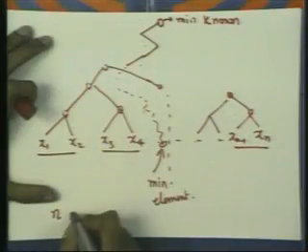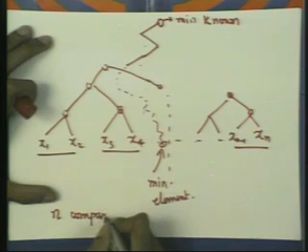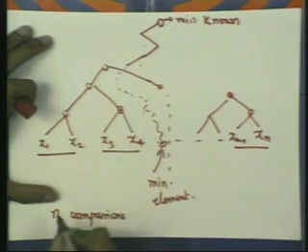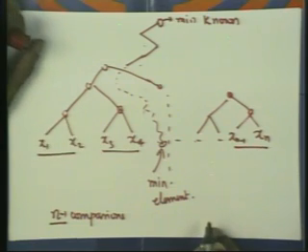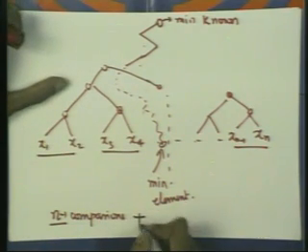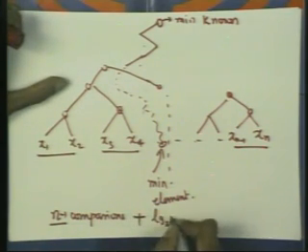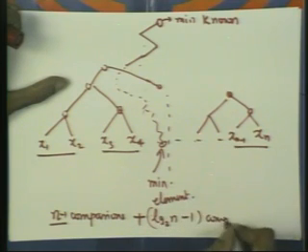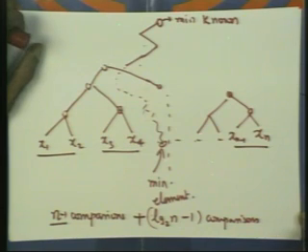There are log n elements, so initially you made n comparisons. Maybe it's n minus 1 comparisons to find the minimum, and then you need about log n minus 1 comparisons more to find the second minimum.